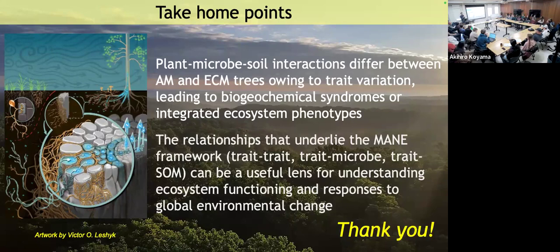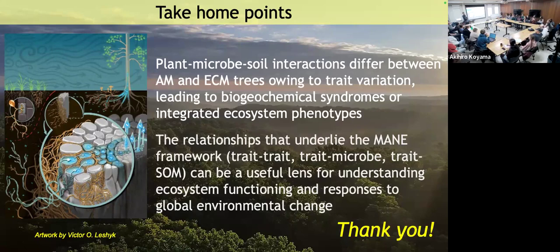Yeah, Greg. I know you're talking about forest here, but do you think the main model can be extrapolated to other AMF communities like prairies? I think it's an open question. I purposely put this last take home point here because I do think it's an open question: imagine any system where you only have AM plants or you only have ECM trees.